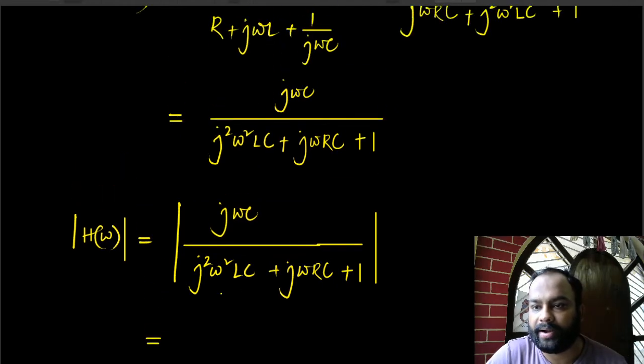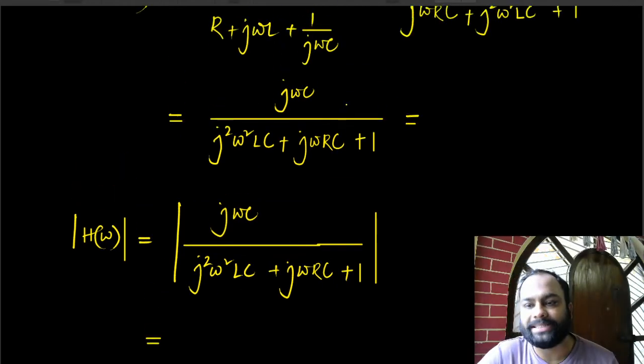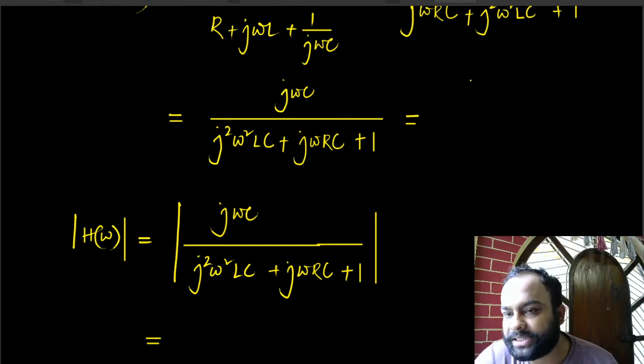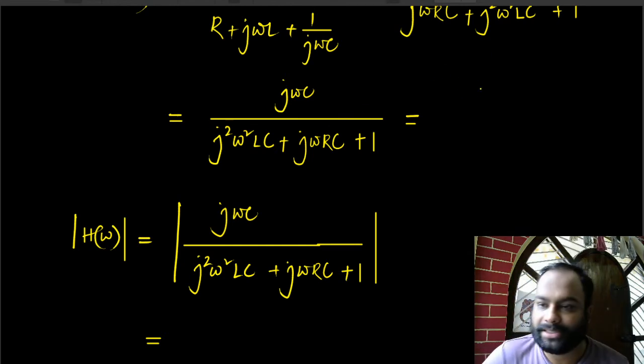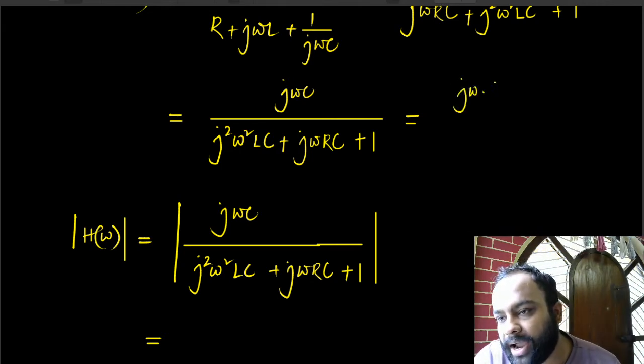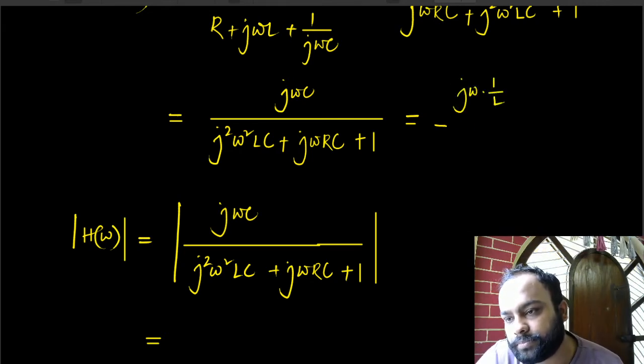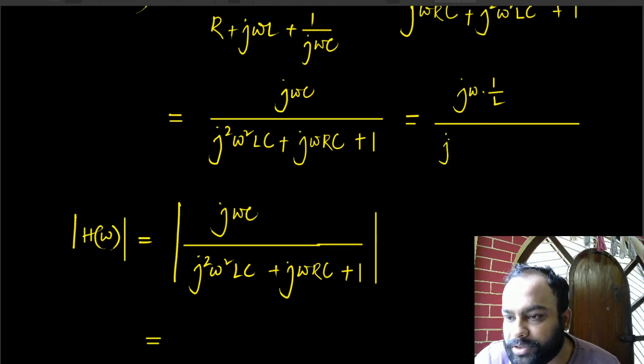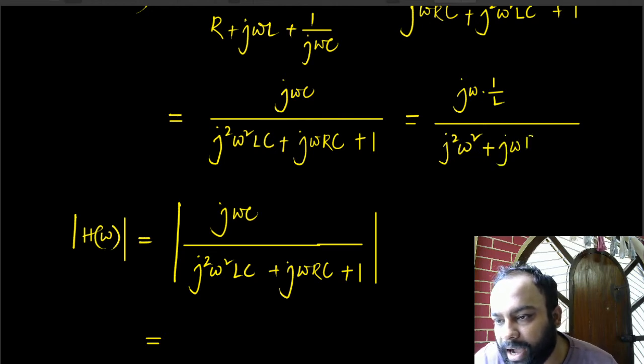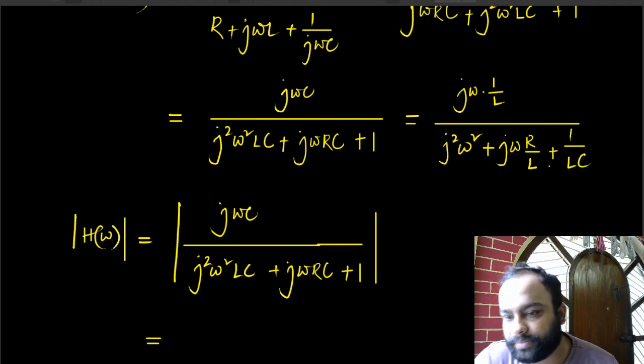If I divide everything by LC, what do I see? I would have j omega into 1 by L, and j square omega square. Dividing the rest by LC would give me j omega R by L plus 1 by LC, right?